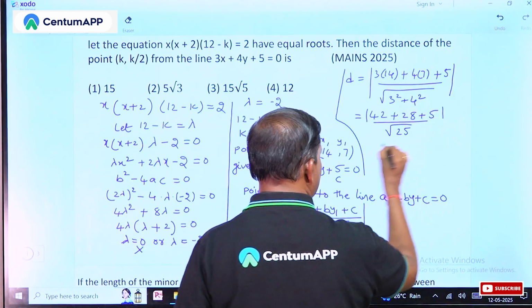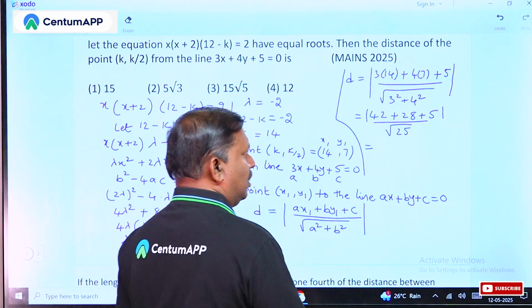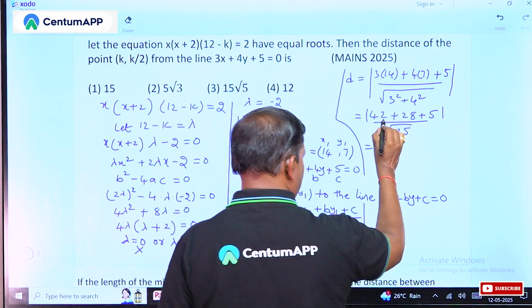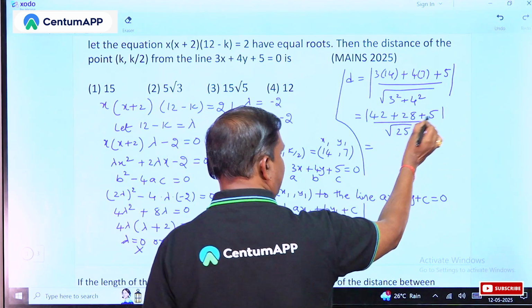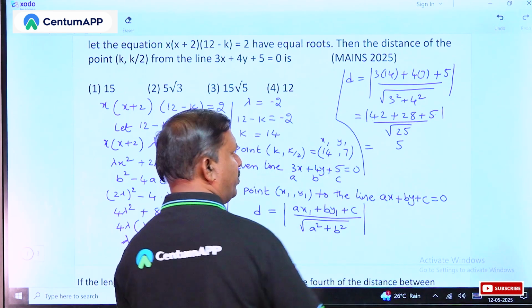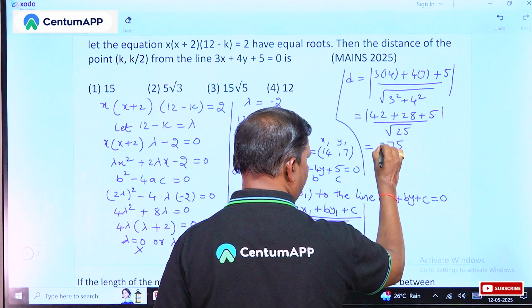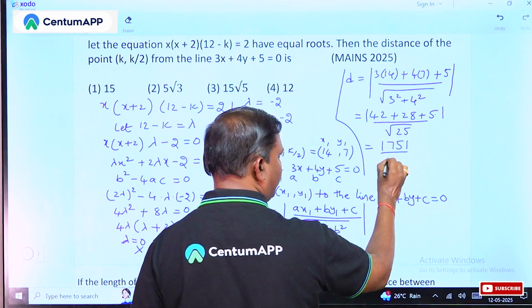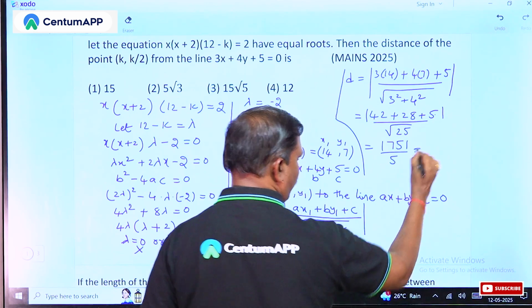Now add: 42 plus 28 is 70, plus 5, 75. Modulus of 75 by root 25, root 25 means 5.